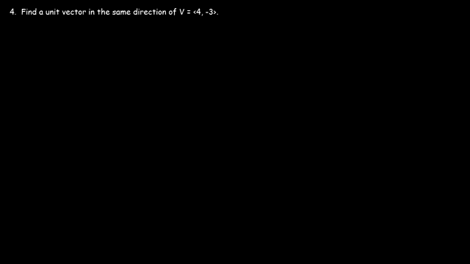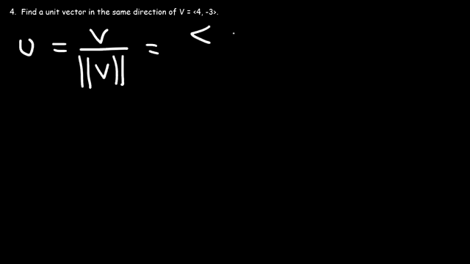Now let's work on this problem. Find a unit vector in the same direction of v. So how can we do that? What's the first thing that we should do? What I recommend doing is write in the formula. So the unit vector u is going to be the vector v divided by the magnitude of v. And v in its component form is 4 comma negative 3.